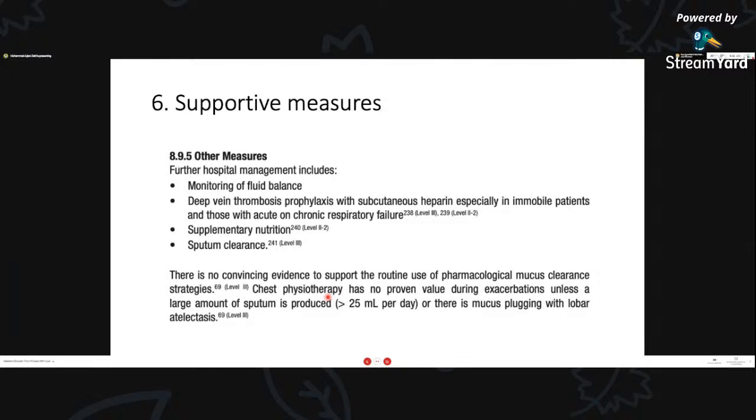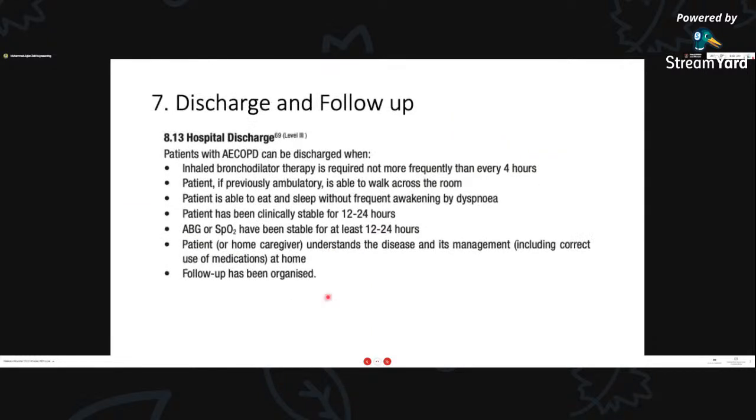You can see it being done sometimes by the doctor, but sometimes by the chest physiotherapist, where they tap the chest repetitively in order to induce the sputum to go up. You can see this in patients in the ward.